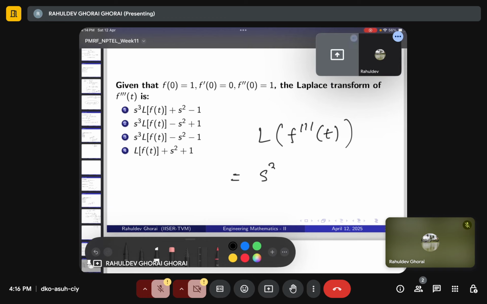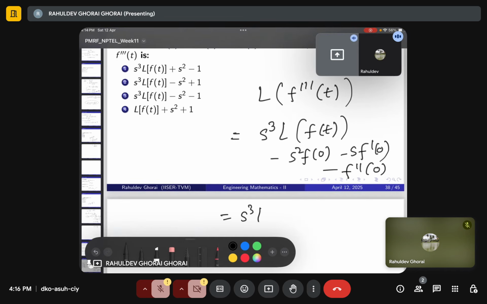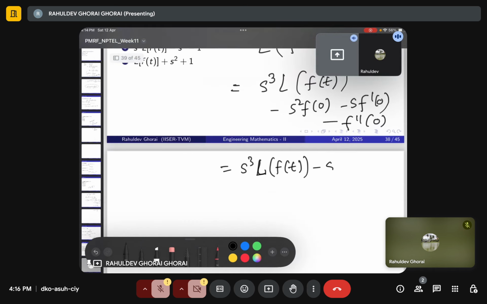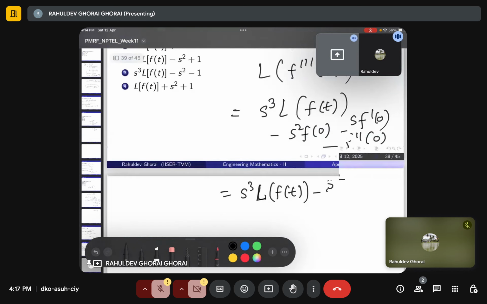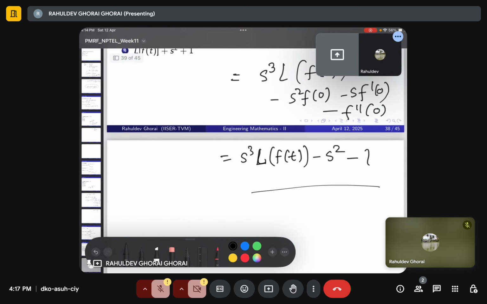So it will be s cube L of F t minus s square F(0) minus s f dash 0 minus f double dash 0, that is equal to s cube L of F t minus s square times f of 0, which is minus s square, s times f prime 0 is 0, f double prime 0 is also s square minus 1. So this would be the answer.